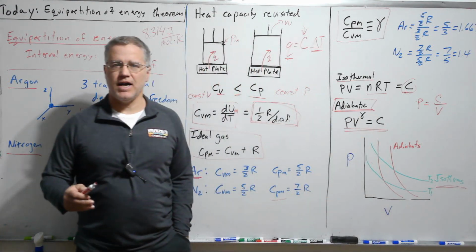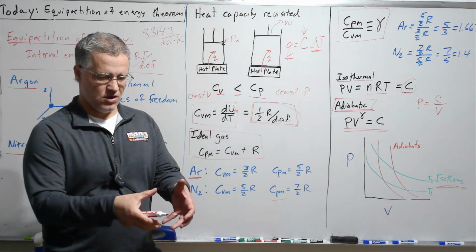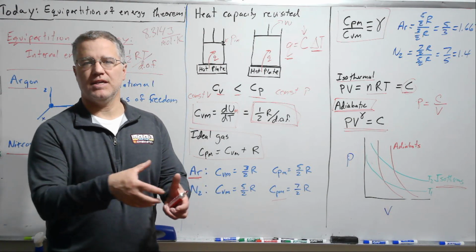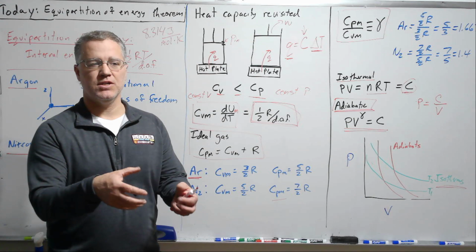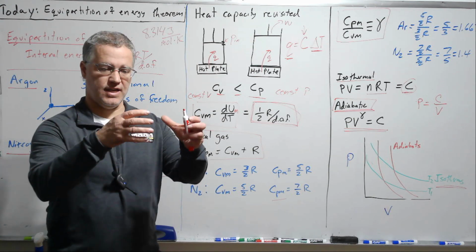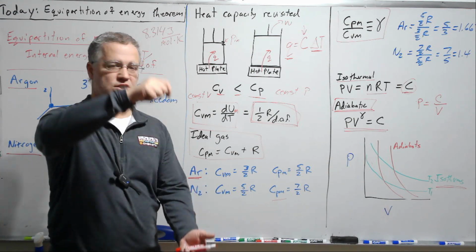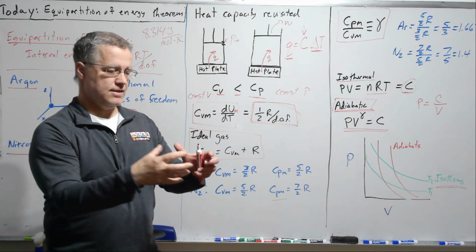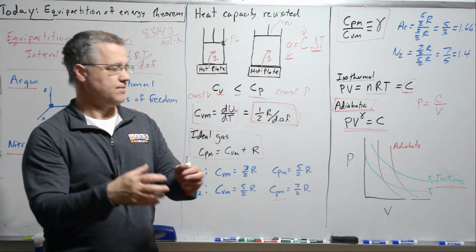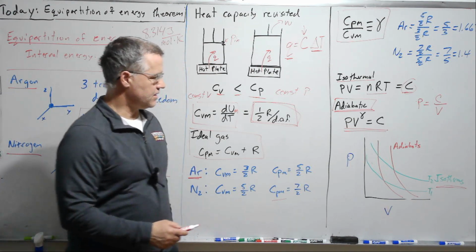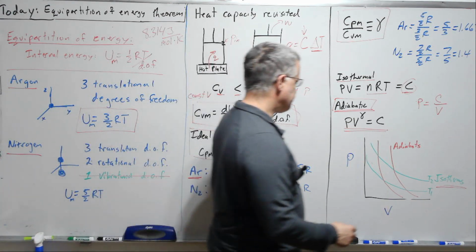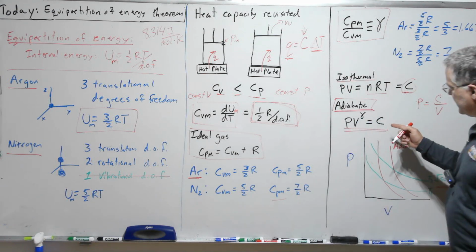And just as a reminder, adiabatic conditions are when heat is not able to go in and out of the system. So the best thing to imagine here is a perfectly insulated piston that's able to change the pressure and the volume and won't allow heat in and out. That's an adiabatic system.